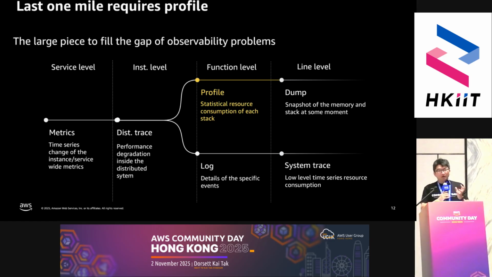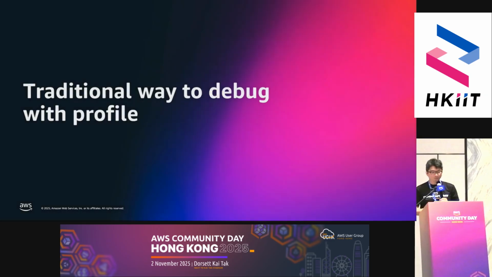By using a profile, you get the last mile of information, from what the three telemetries provide to the exact cause of the problem when it comes to fixing the performance issue. So now you understand why a profile is important to fix performance problems.